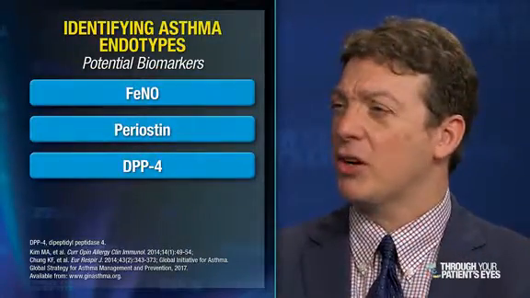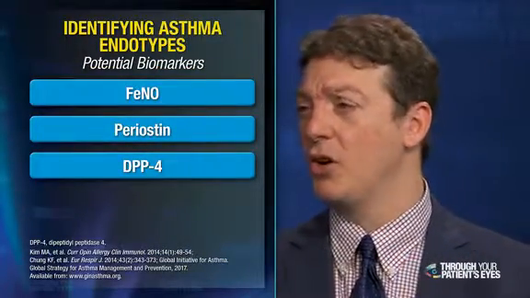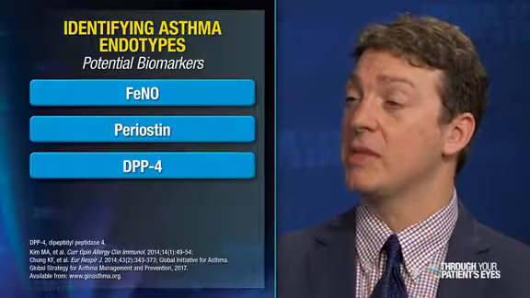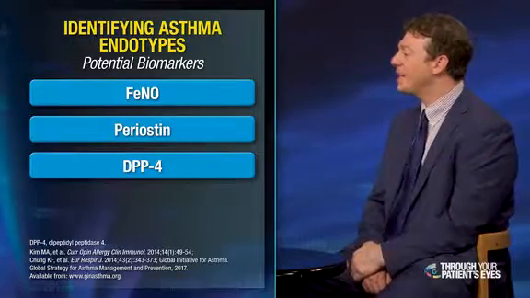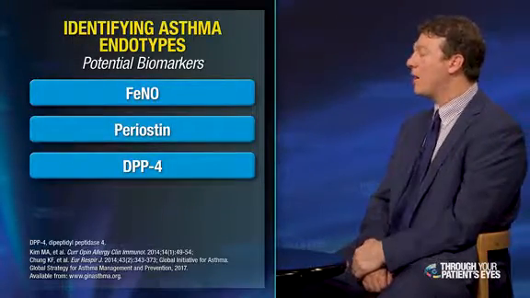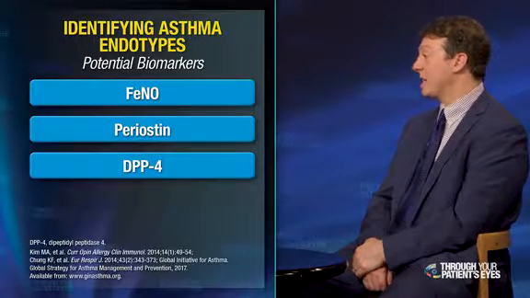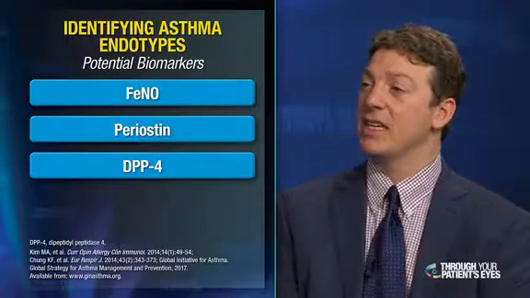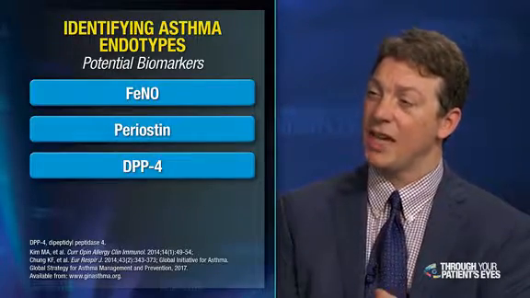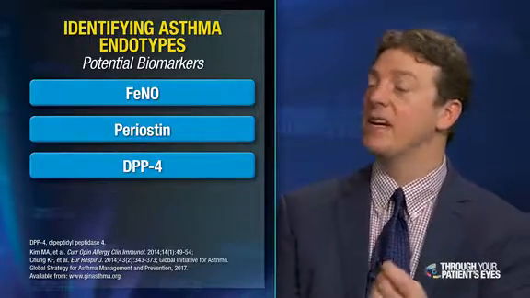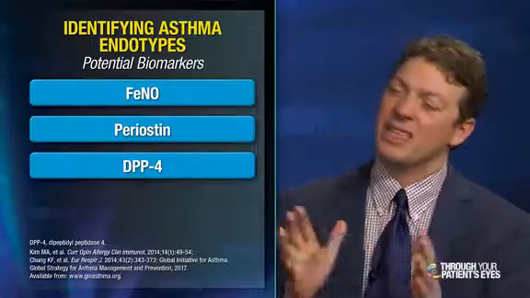And then there are other biomarkers that are currently in development. One is something called periostin. Periostin is a biomarker that is derived from IL-13 cells and potentially represents underlying IL-13 mediated inflammation as well. That's still in development.